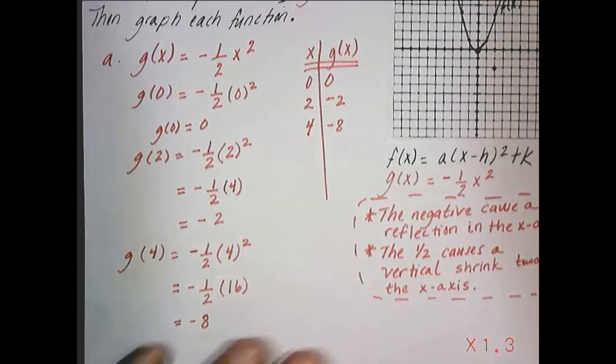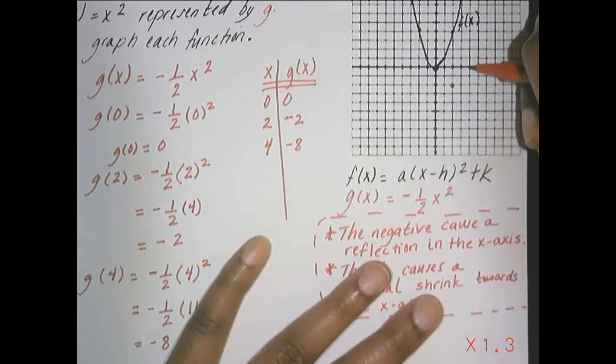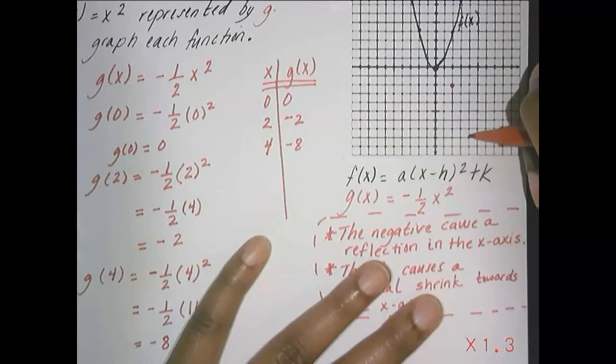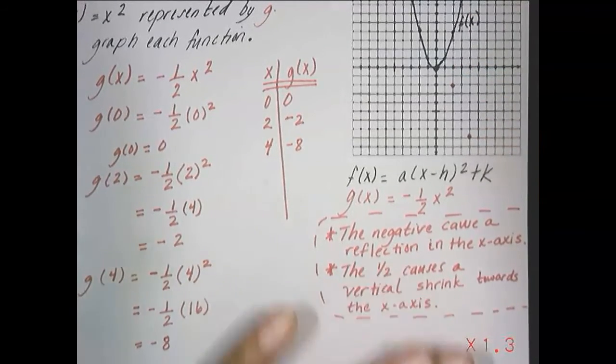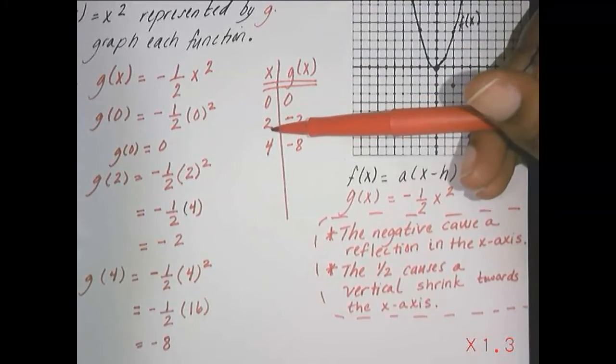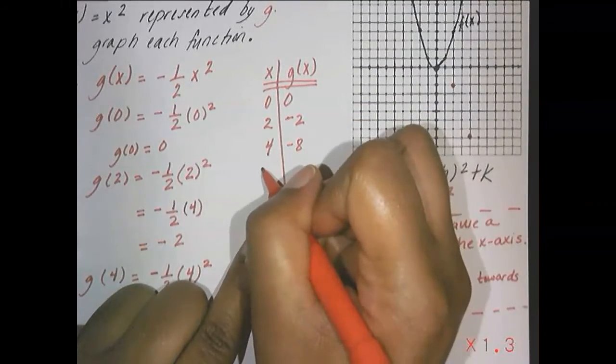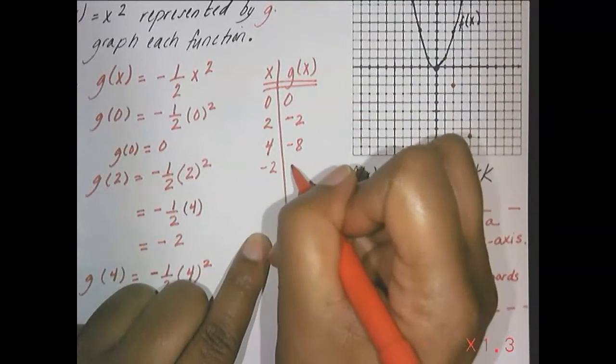Now, here we go. I'm going over here: 1, 2, 3, 4. And down to 8 will put us somewhere right about here. Coincidentally, if I was to put in a negative 2 and a negative 4, I would get that same negative 2 and negative 8. So if I let x be negative 2, I would get negative 2.